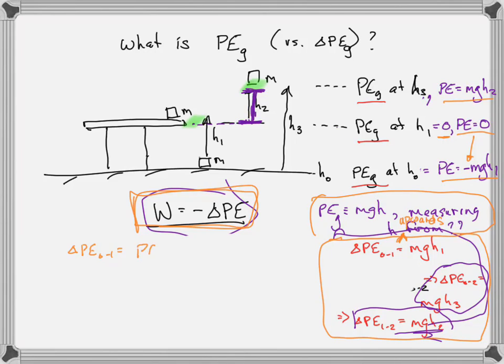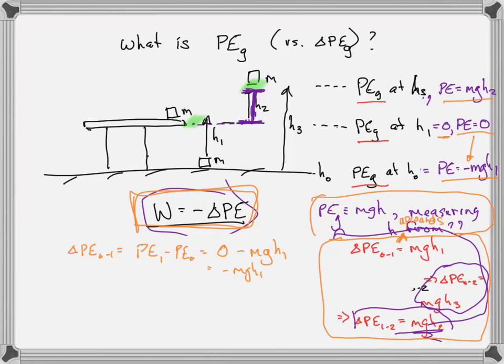It's PE1 minus PE0, which is PE1, which is 0, minus PE0, which is mgh1.